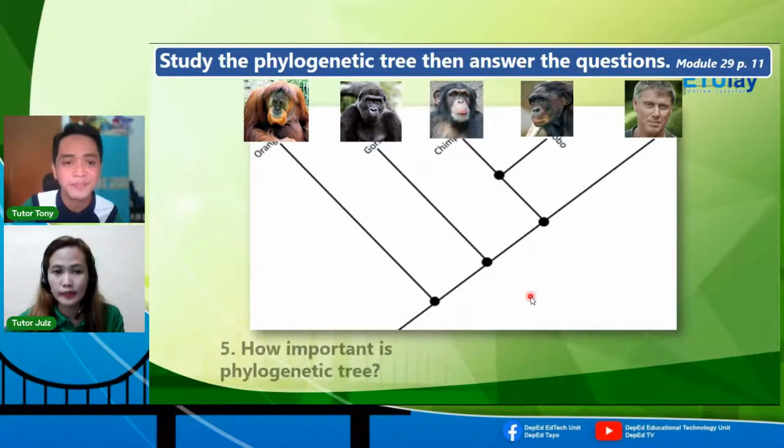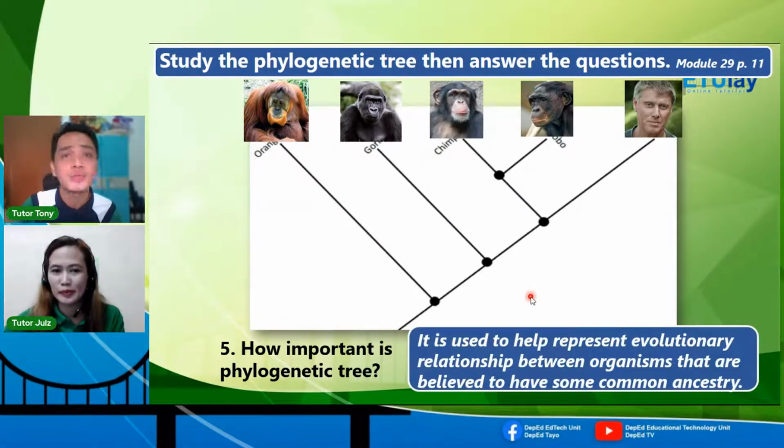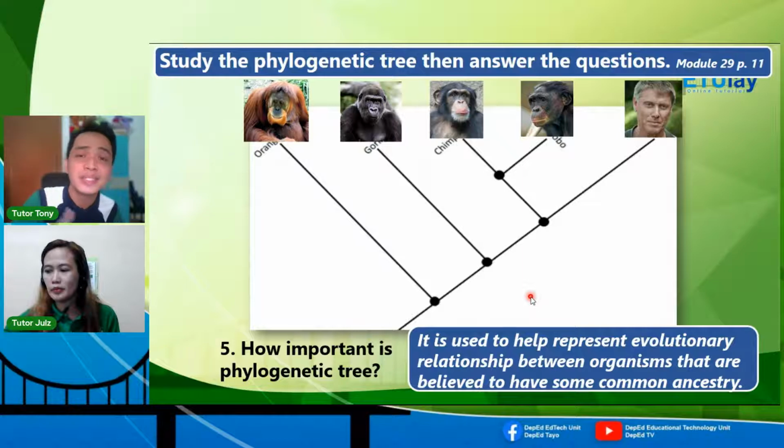And finally, syempre tutulungan ko na kayo dito sa number 5, final question natin. How important is phylogenetic tree for us humans, for you students, for our experts? It is used to help represent evolutionary relationship between organisms that are believed to have some common ancestry. So remember, may mga future scientists pa nagagamit na to kasi may mga organisms pa na ma-discover in the future.